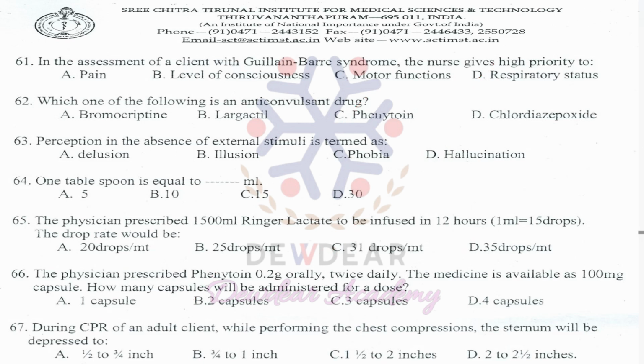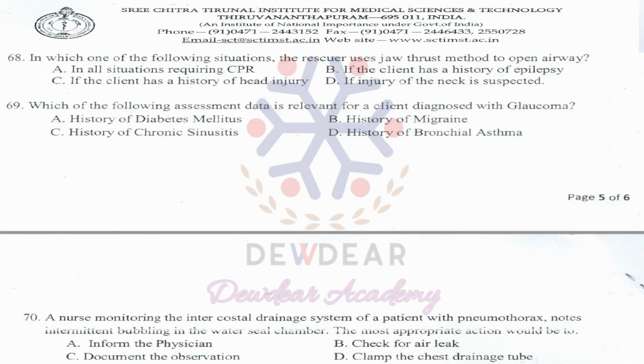The next question. In which one of the following situations does the rescuer use the jaw thrust method to open the airway? Options: in all situations requiring CPR, if the client has a history of epilepsy, if the client has a history of head injury, if injury of the neck is suspected.